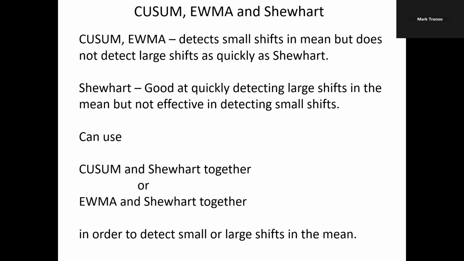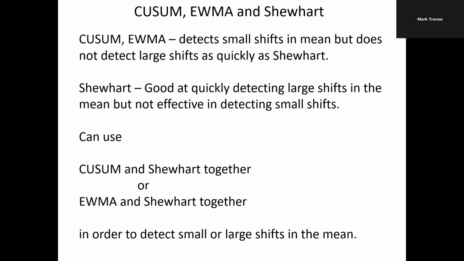So again, the Shewhart chart is good at quickly detecting large shifts in the mean, but not effective in detecting small shifts. In fact, sometimes you could have a small shift and not detect it at all in the Shewhart chart, or maybe it'd be a very, very long time before it would detect it. So the best strategy, if you have the resources, is to use the Q-sum chart and the Shewhart chart together.